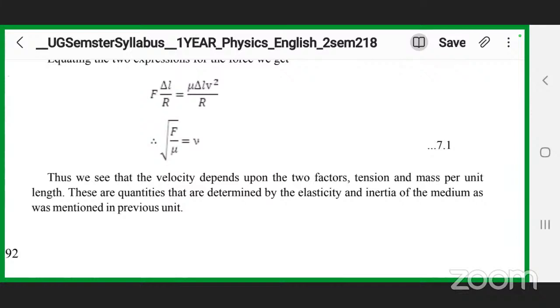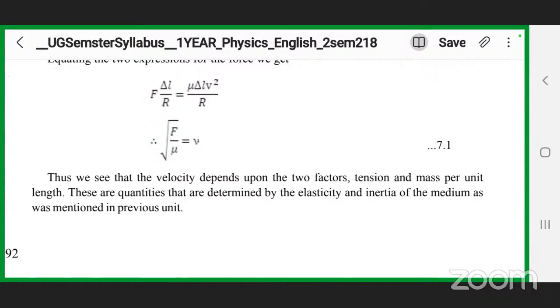These are quantities which can be determined by the elasticity, that means Hooke's law, and the inertia of the medium, as we have studied in the case of Newtonian mechanics.